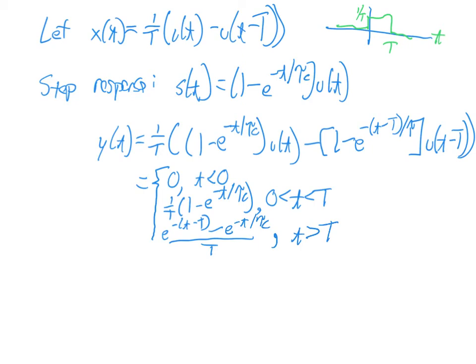Now we can rearrange this a bit, which will be useful in a minute. We're going to factor this into a term that varies with time and a constant term, just to see what's going on a little better. So the term that varies with time is the first part, so we factor that out, e to the minus t minus capital T over tau c, and we're going to factor that out of the rest of the expression.